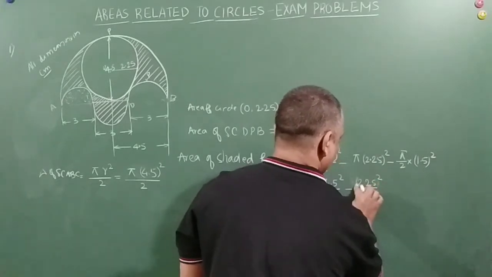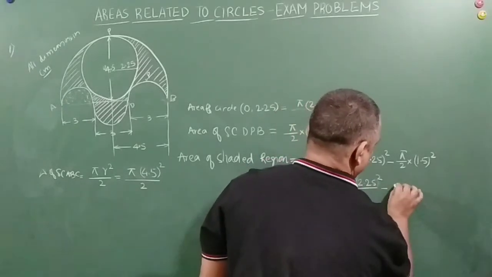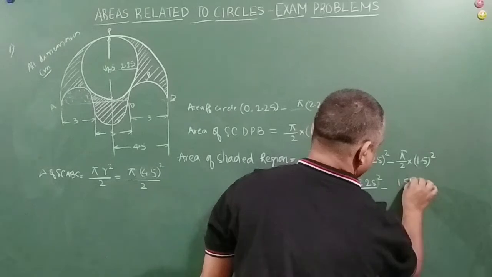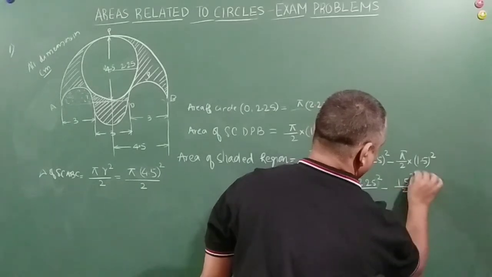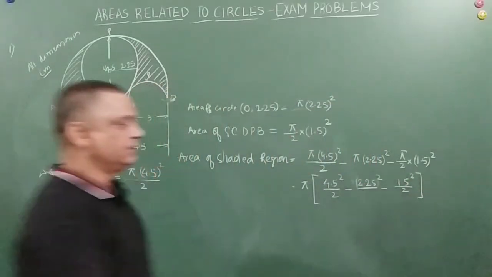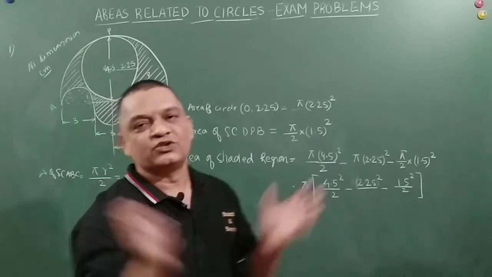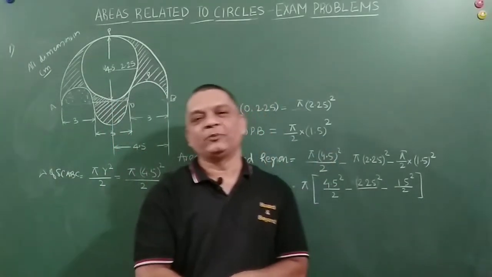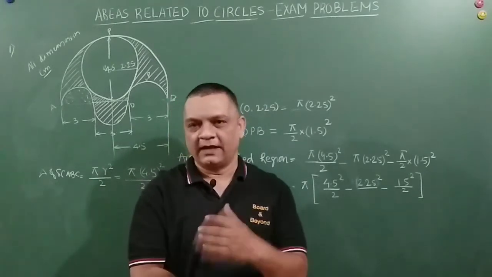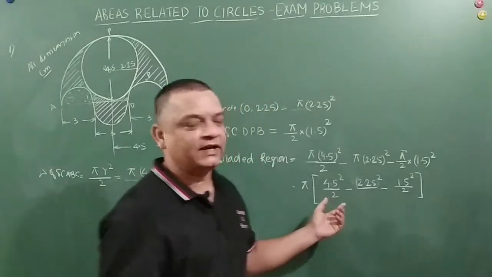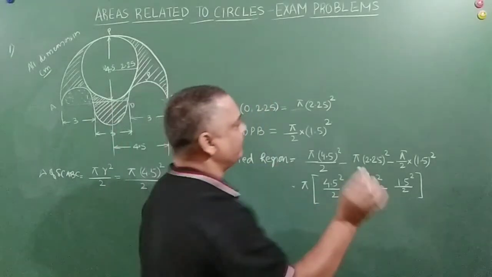Let it be like this. This becomes 1.5 whole square divided by 2. Okay, so we have landed up to this situation. We actually need to solve it. So friends, those who have seen my crazy calculations based on Vedic mathematics will be able to do it very easily. I'll just explain in brief here.